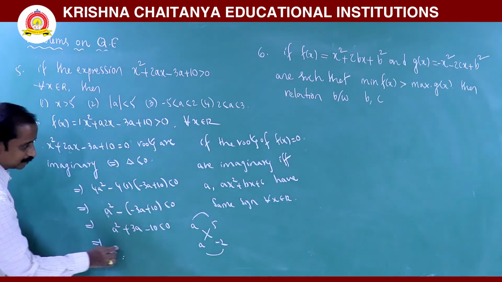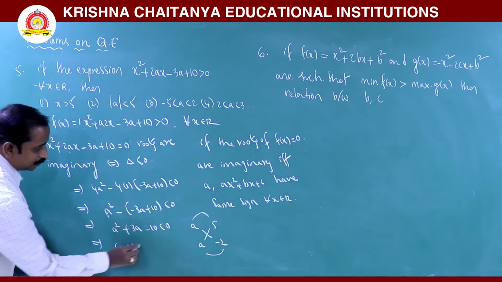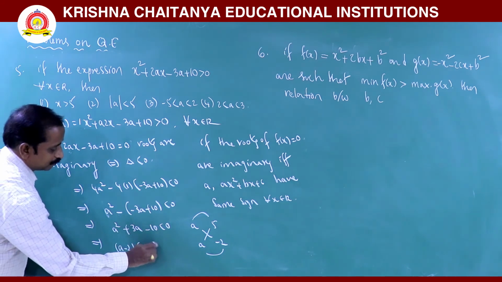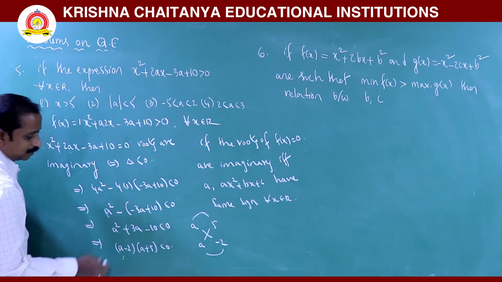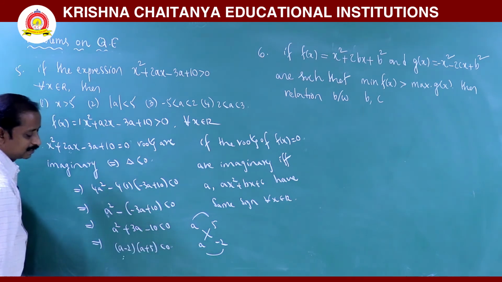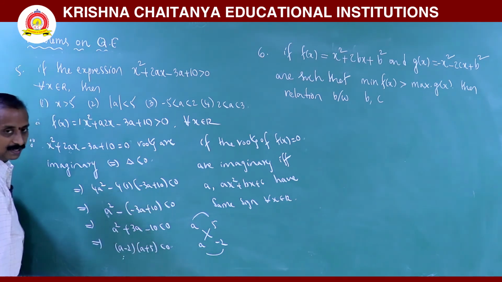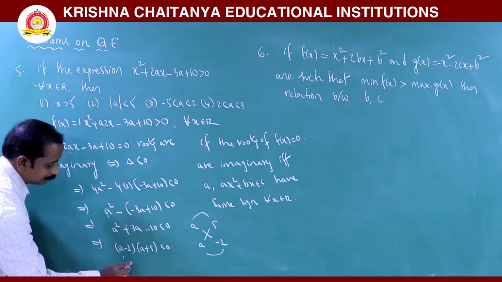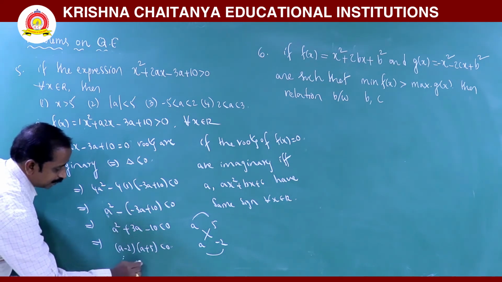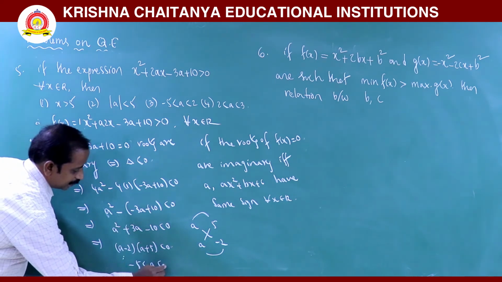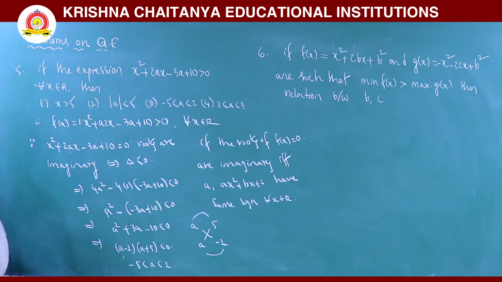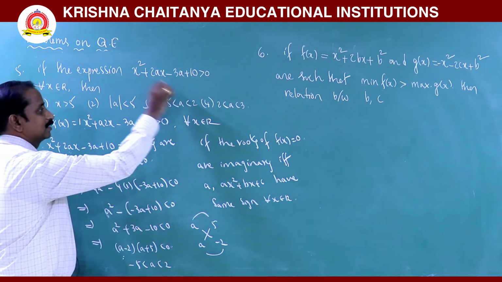So I can write a minus 2 into a plus 5 less than 0. So x minus a into x minus b less than 0 means x lies between a comma b, so I can write minus 5 less than a less than 2. Therefore for the respective problem, the third option is the correct answer.